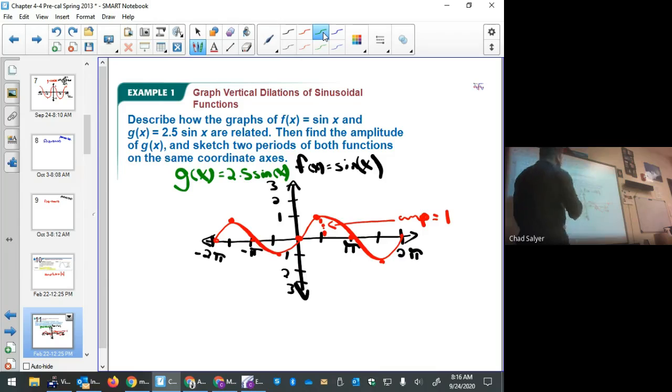So all the zeros will be shared, but every place where the function is at its max or min, instead of going 1 unit from the midline, it's going to go 2.5 units from the midline. So again, the zeros are shared because 0 times 2.5 is still 0. But everywhere where it has a max or a min, instead of 1 unit, it's going to deviate from the midline by 2.5 units.